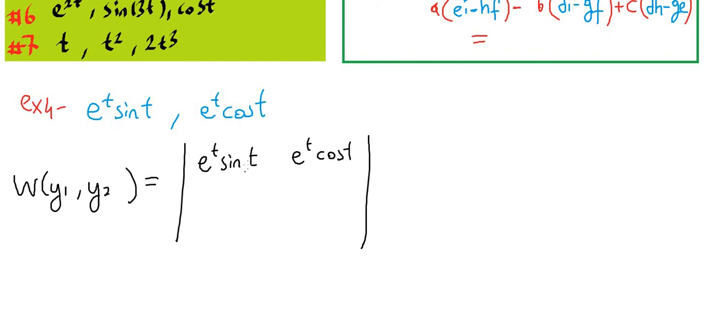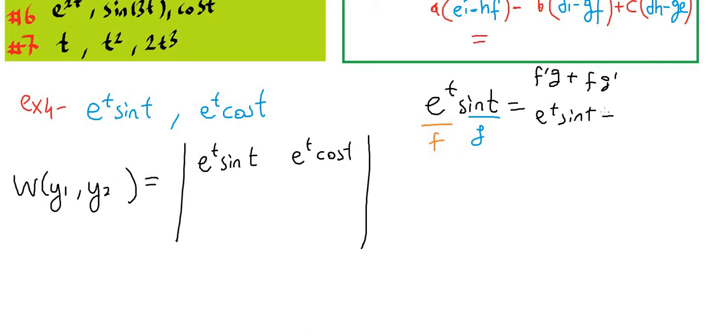So the derivative of e to the t sine t is the product rule. So let e to the t be f and sine t be g. So the product rule suggests f prime times g plus f times g prime. So the derivative of f is e to the t and g is sine t, plus f is e to the t and the derivative of sine t is cosine t.